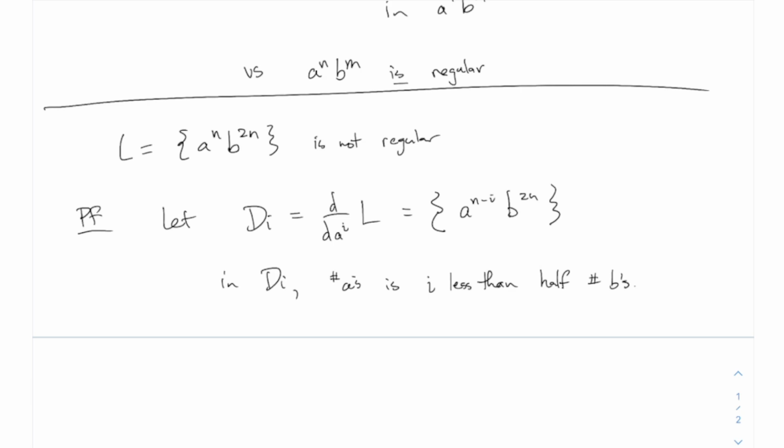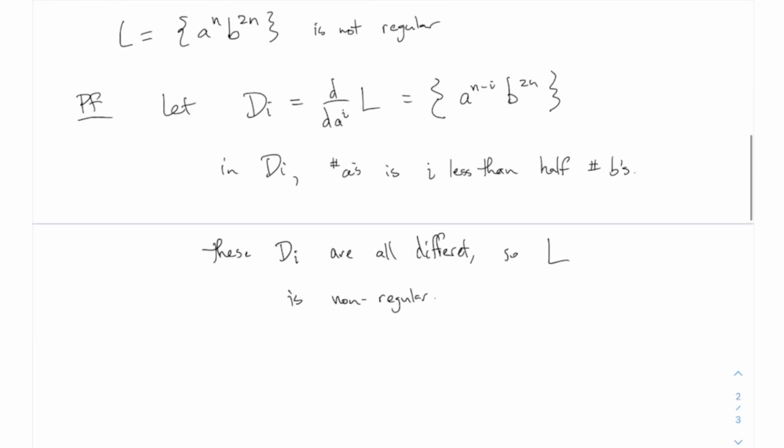Once you say that, I think it is clear that the d_i's are all different for various i's. For D1, the number of a's is 1 less than half the number of b's. For D2, it's 2 less than half the number of b's. Those are all different sets. So I would just write the same thing I write at the end every time: these d_i are all different, so L is non-regular. All right, great.